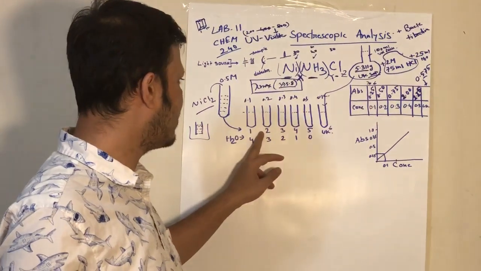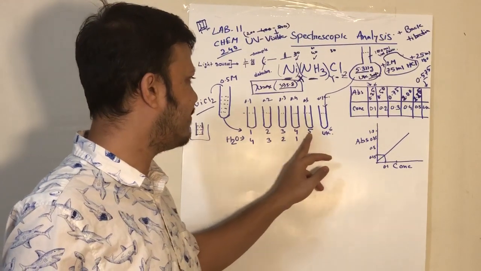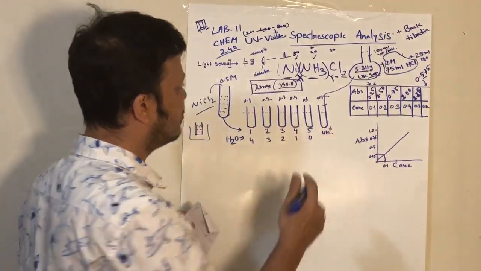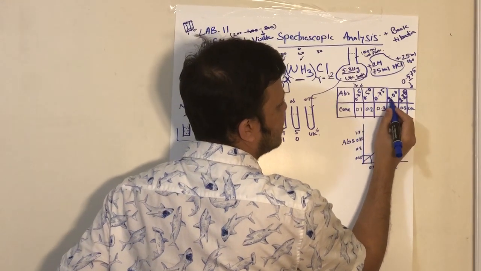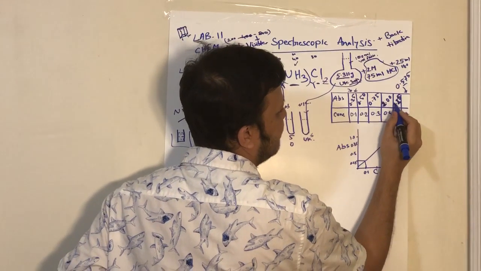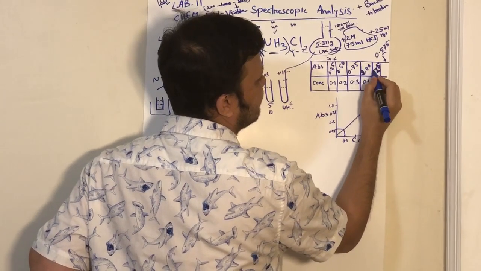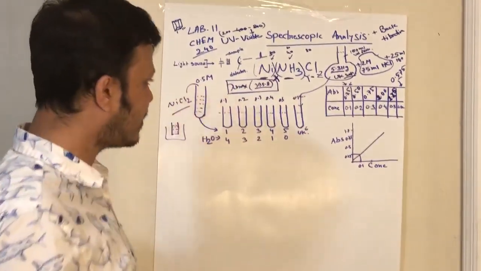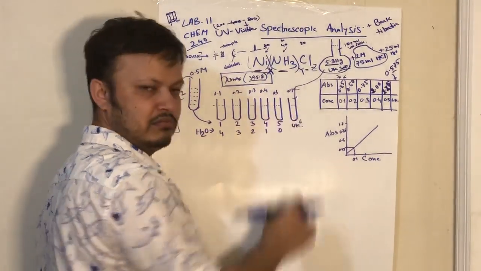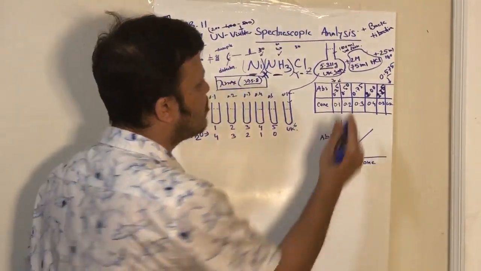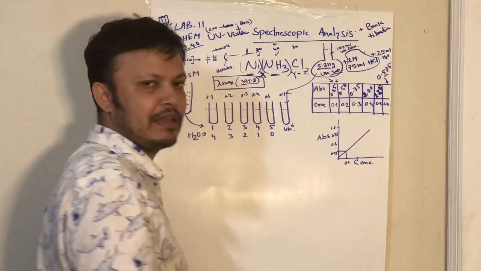The same way you do it for the 2, 3, 4 and 5, and for those you get absorbance data of 0.5, 0.75, 1.00 and 1.25. Then the same way you put in the unknown, and you got 0.575.